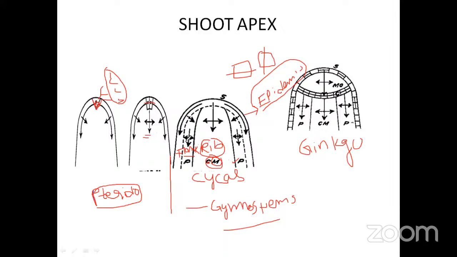Rib meristem has larger cells, flank meristem smaller cells compared with rib. And you can assume what portion develops from the flank meristem. What is remaining? Epidermis completed, medulla completed. What is the next one? Simple. What is the remaining internal part? Hello?